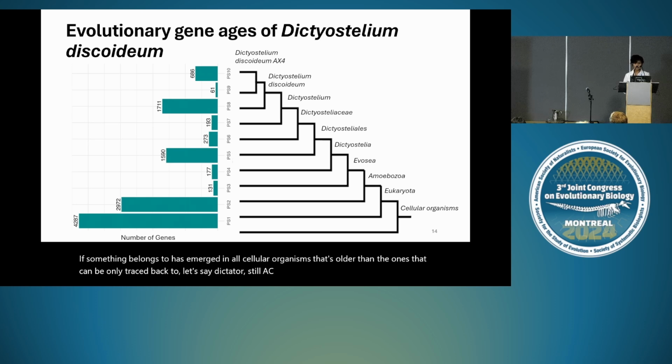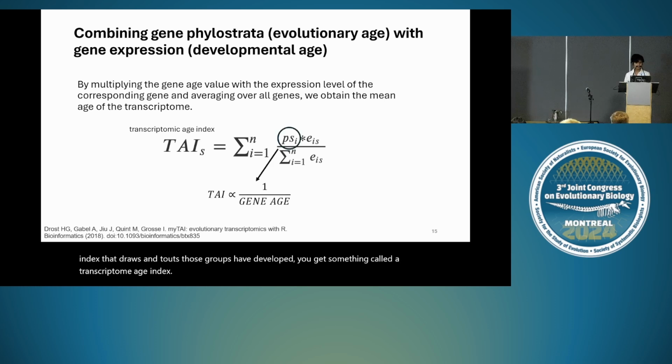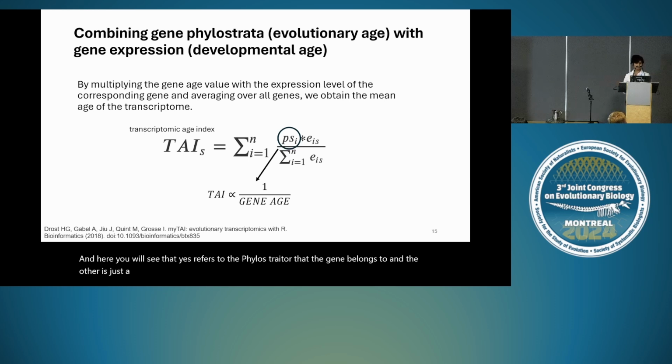Now, when I combine these evolutionary ages with developmental ages of gene expression, using the method that Drost and Toutsi's group have developed, you get something called a transcriptome age index. Here, PS refers to the phylostratum that the gene belongs to, and the other term is just the relative expression of the gene.